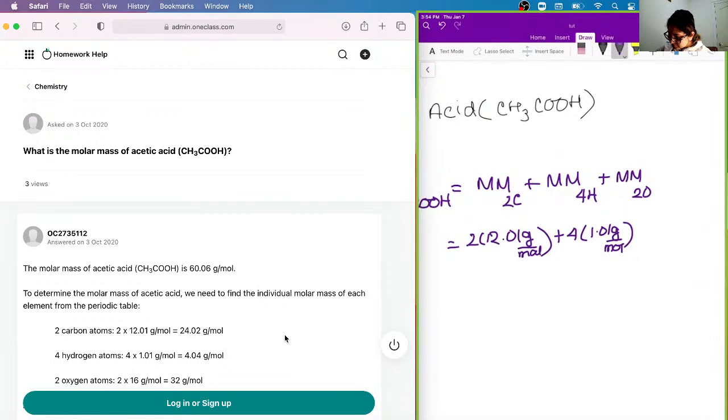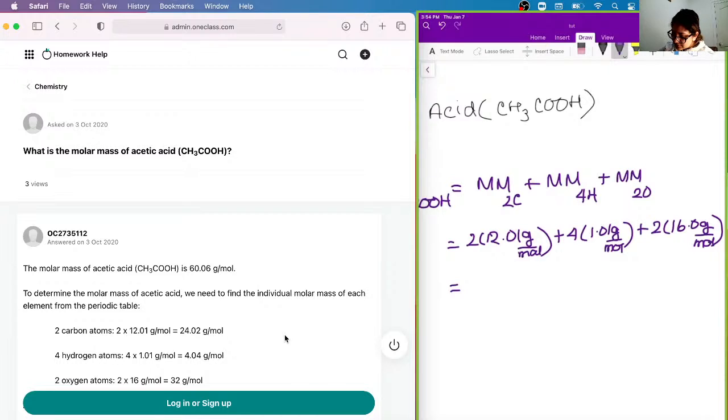And lastly, the molar mass of 2 oxygen atoms. One oxygen atom has a molar mass of 16.0 grams per mole, and 2 would have 2 times that.